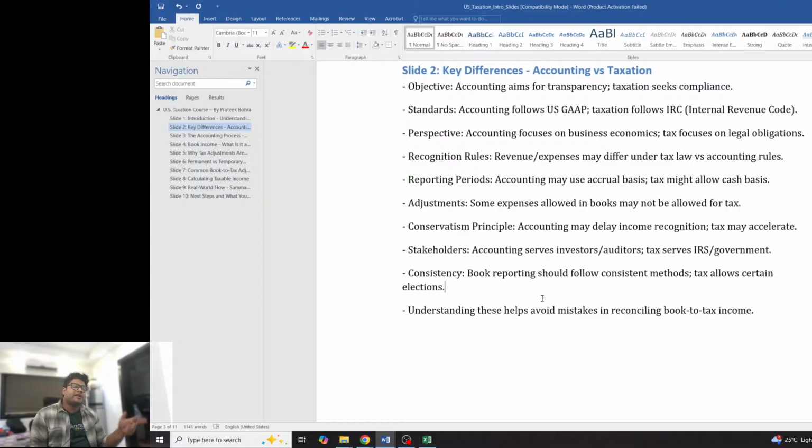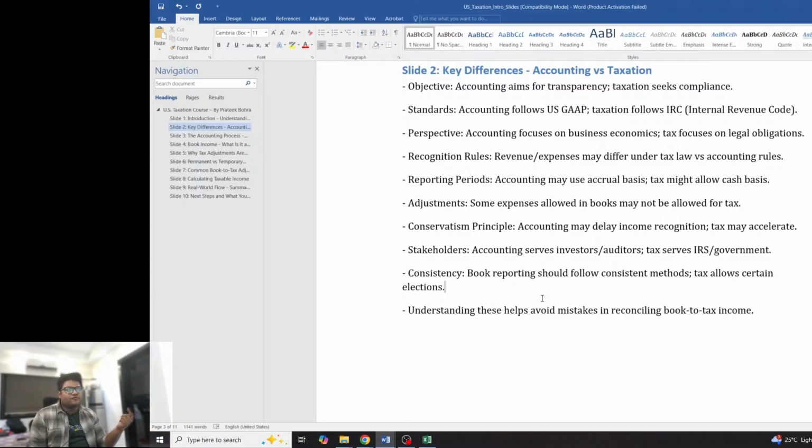Whereas in case of tax, you can decide either to opt in for bonus depreciation or opt out of bonus depreciation. Now, bonus depreciation is a concept that we will discuss in the future, but for now you can understand that any deduction which is taken extra due to the regulations provided by the IRS is something that is called bonus depreciation. There are certain rules and regulations regarding that.